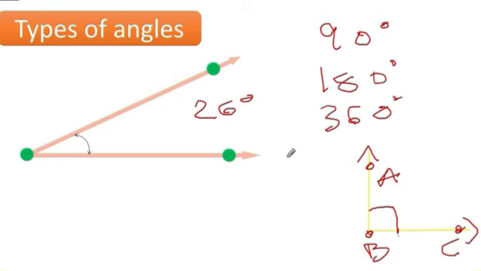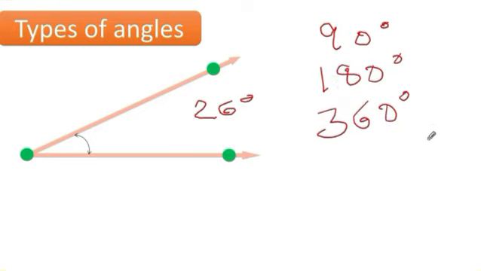For example, if I'm drawing an 89 degree angle, I will not keep the square because it's not 90 degrees. It's just 1 degree less than 90 degrees. So this is a 90 degree angle. A 180 degree angle is something like this.